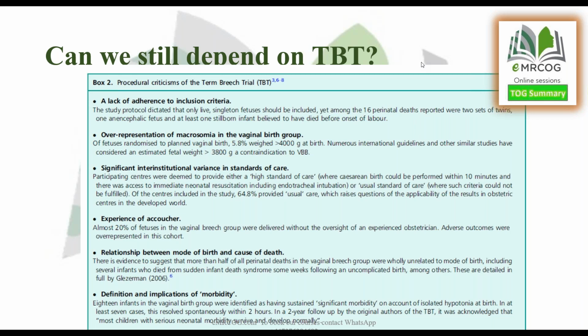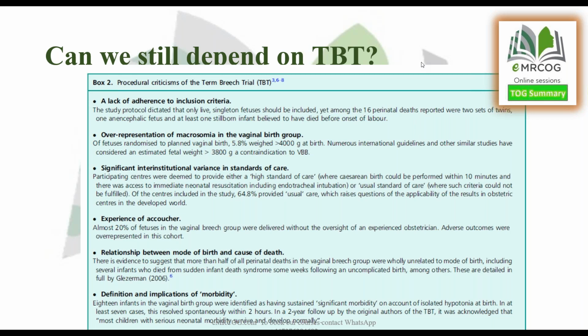Can you imagine if they included 4,000, and among the 4,000, 200 died, for example, and 50 of them died for other causes, maybe infection or a genetic problem, anything, but it was included at the end in the rate of stillbirth in infants delivered breech. So that's why everybody is scared to deliver vaginal breech.